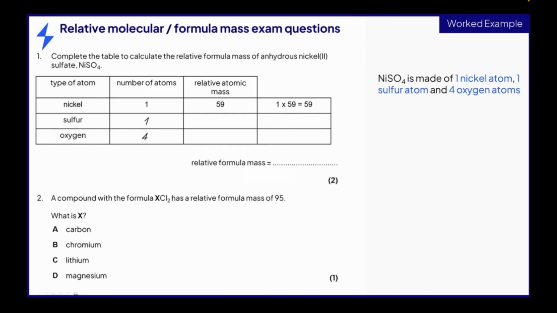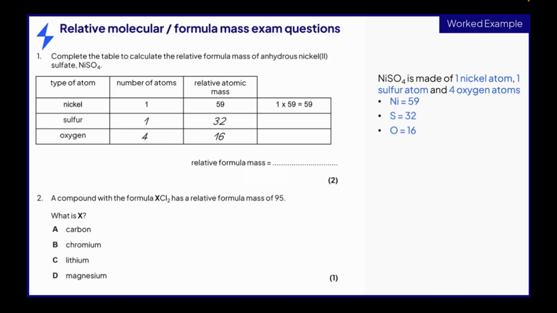From the periodic table, nickel has a relative atomic mass of 59, as shown in the answer. Sulfur has a relative atomic mass of 32, and oxygen has a relative atomic mass of 16. These values can now be filled into the table. In the question, nickel is given as an example, 1 times 59.